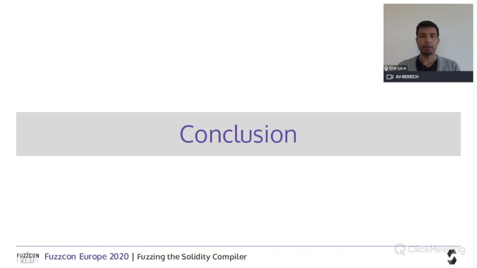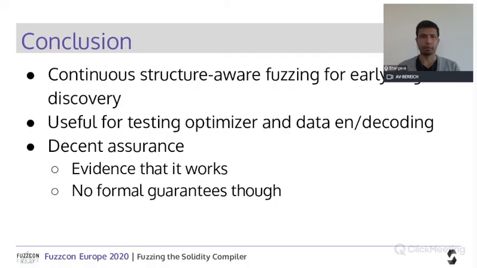Okay, that brings me to the end of the talk. In conclusion, I described how we are undertaking continuous structure-aware fuzzing for early bug discovery of the Solidity compiler. It has proved to be useful in practice for testing the optimizer and also data encoding and decoding, that this talk didn't speak about, but we're also doing that.